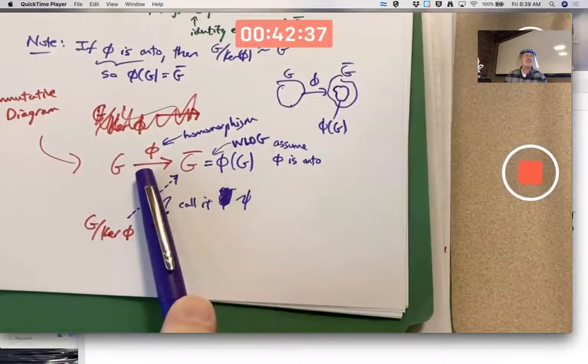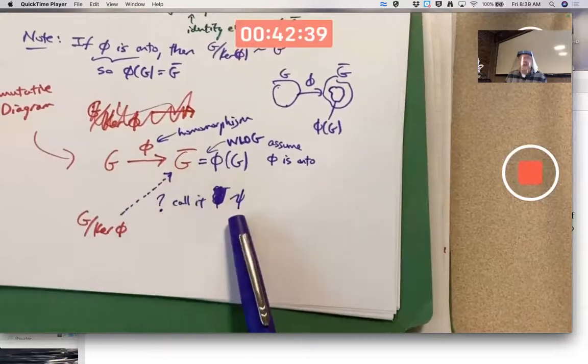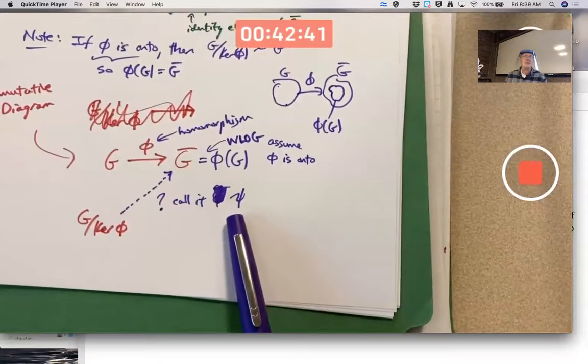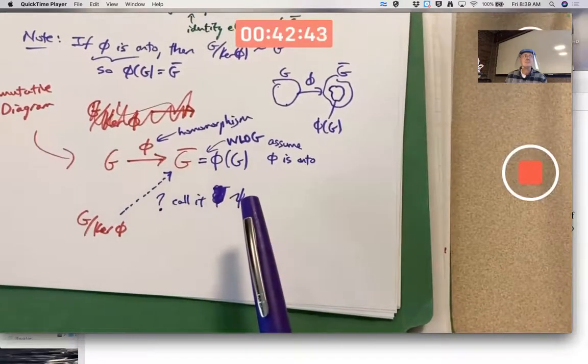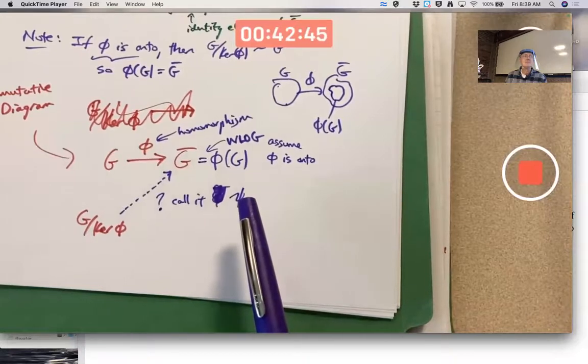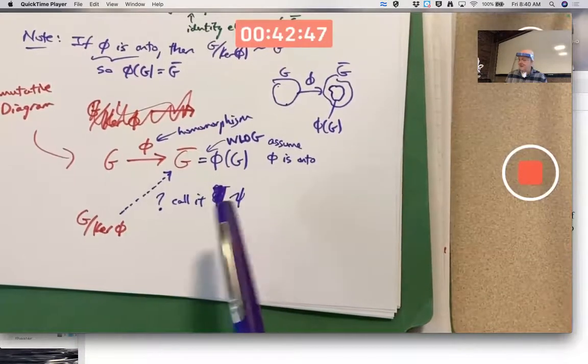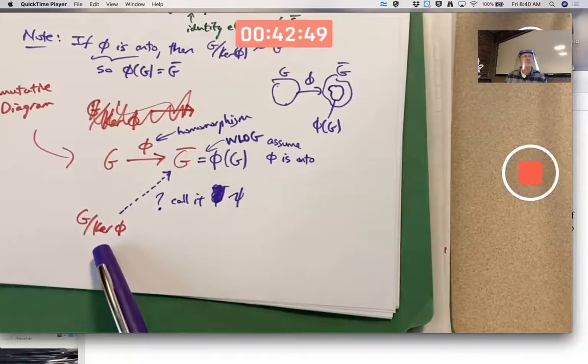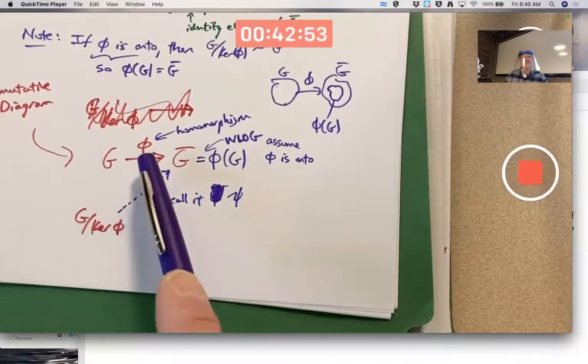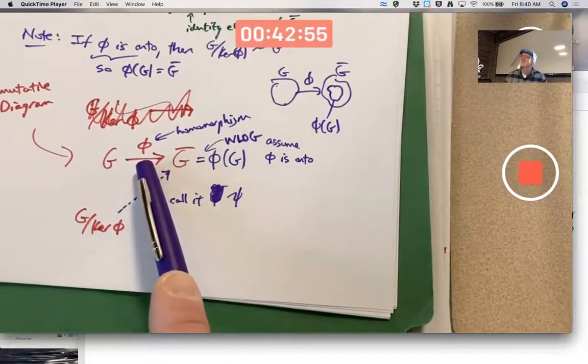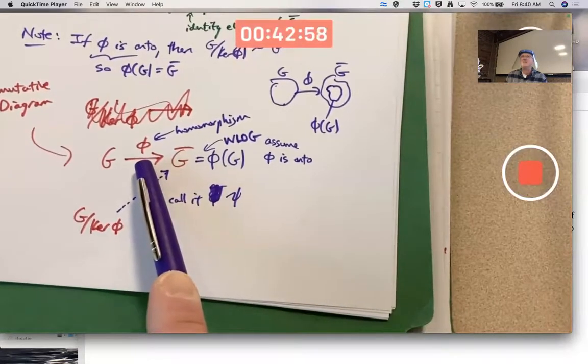Phi is not necessarily one-to-one. Psi does need to be one-to-one to be an isomorphism. Somehow it's like the kernel is perhaps what's preventing phi from being one-to-one. Maybe.